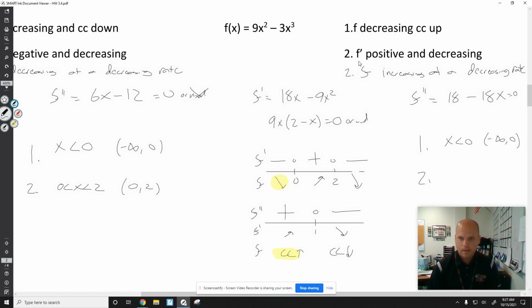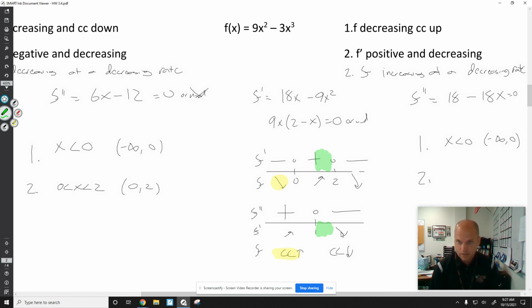Number 2, f prime is positive and decreasing. Let's think about it that way. F prime is positive. I got it right there. F prime is decreasing. I got it right there. So if you have all of your charts laid out, you can see where things overlap based on signs or the words.